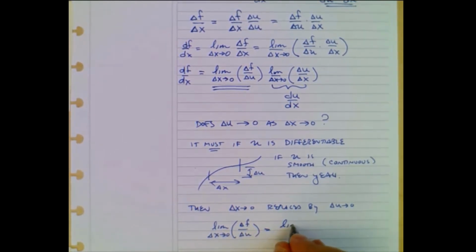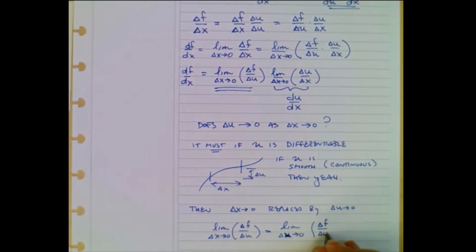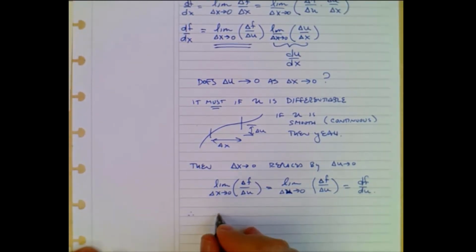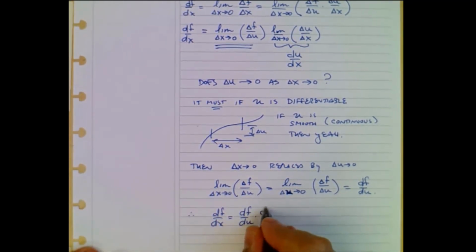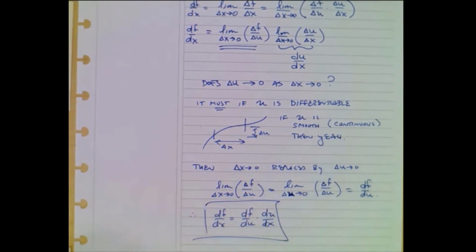That's equal to the limit as delta u goes to 0 of delta f over delta u, the whole point of this. That's equal to df du. And now, therefore, df dx equals df du times du dx. And that's the chain rule.